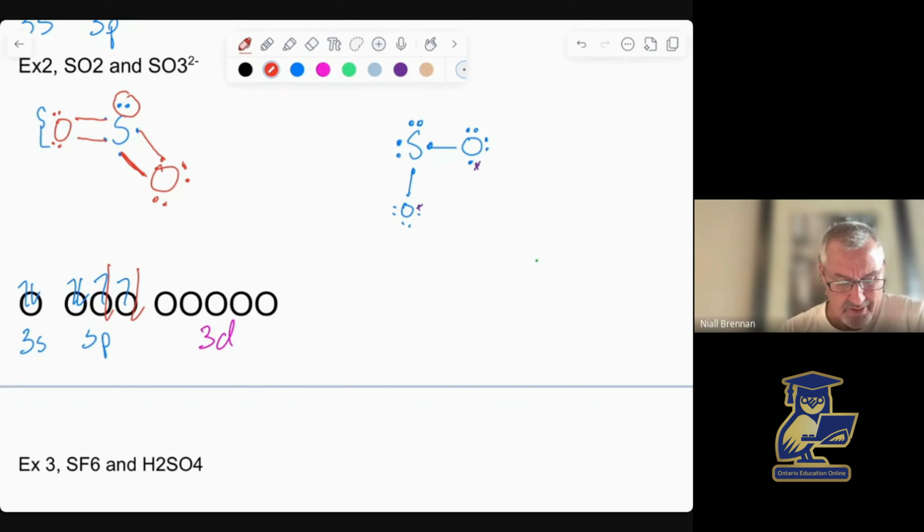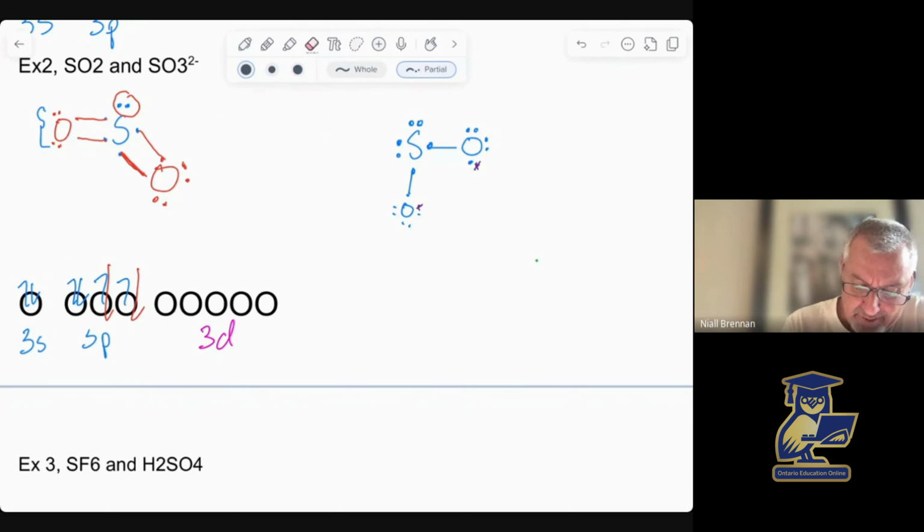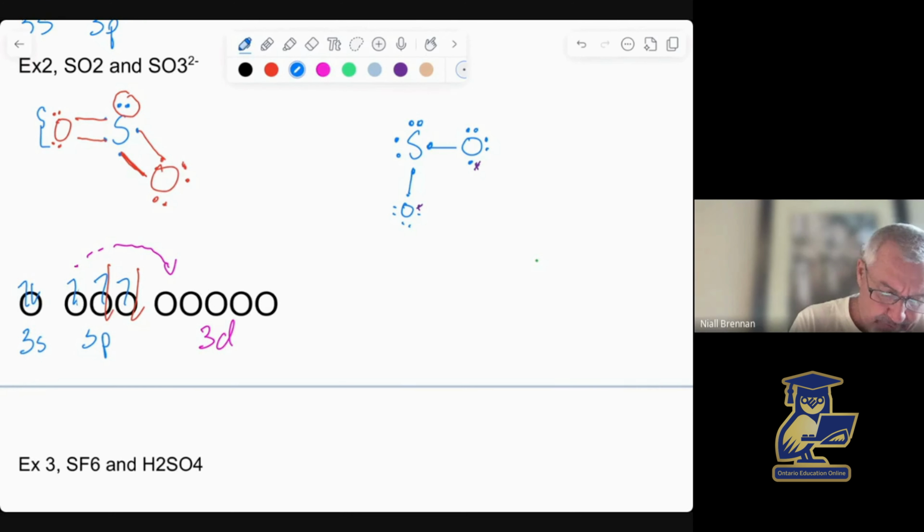So now we're stuck, but we haven't accounted for the sulfite ion. So we're going to do the same thing again. We're going to move this electron pair to the first excited state. And let's take this electron, and we're going to move it into the 3D.